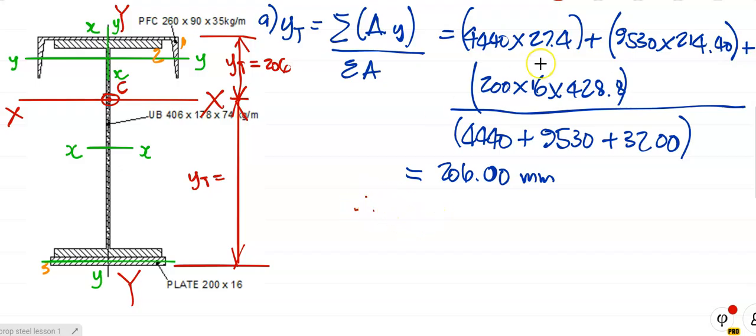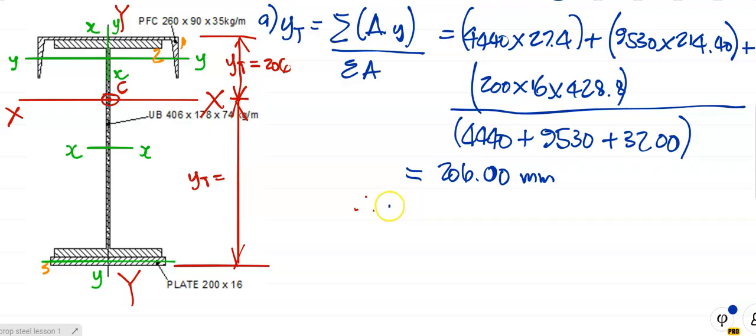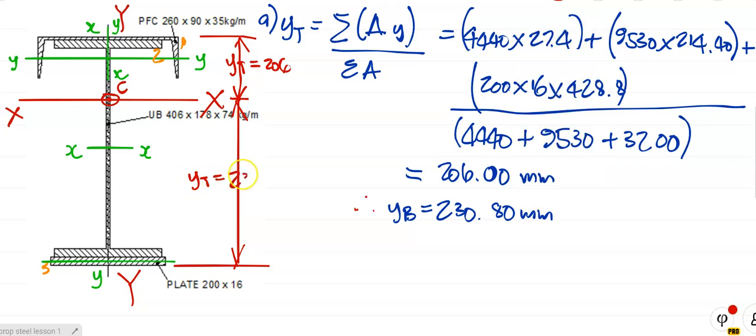I'll say therefore y bottom is equal to, I got 230.80 millimeters. Okay, so that's 230.80.